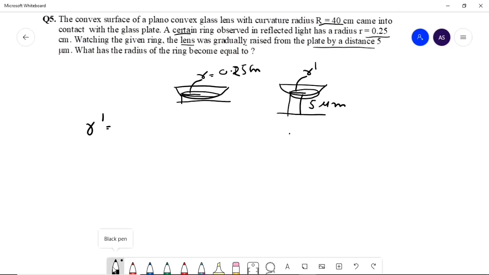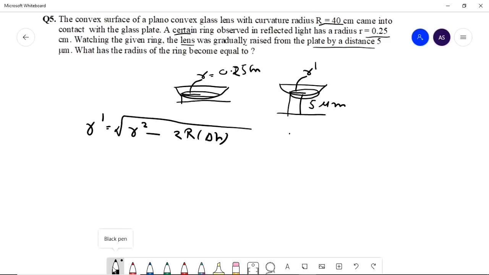r dash is equal to the square root of r square minus 2R delta h.